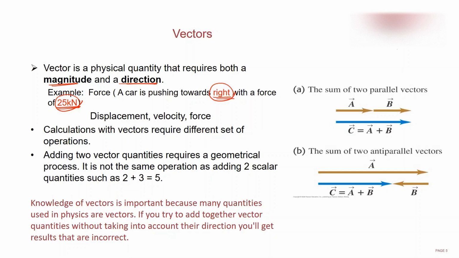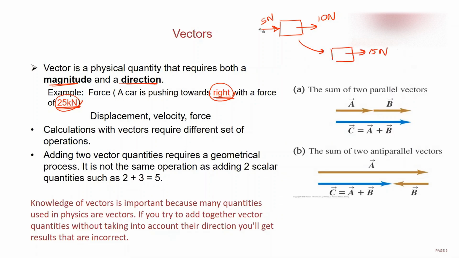When we are doing calculations with vectors, we can't do it in the ordinary way. For example, if I take a car pushing with 10 newtons, and if I apply another force at the back with 5 newtons, we can add these two and say the resultant force is 15 newtons towards the right.